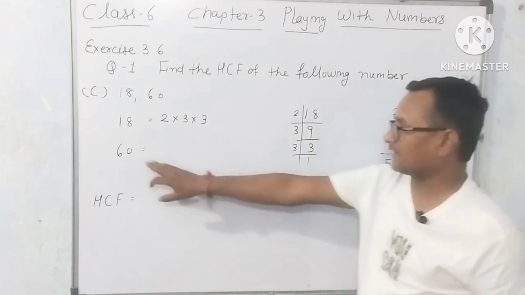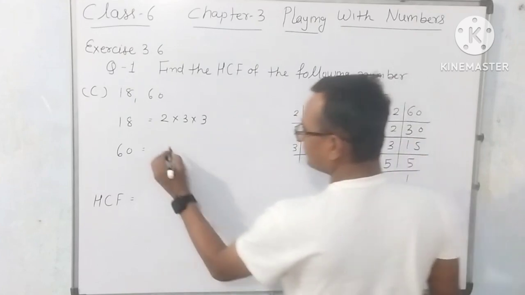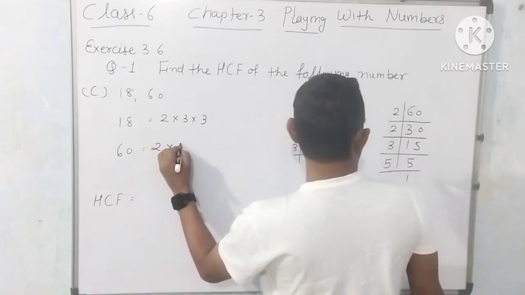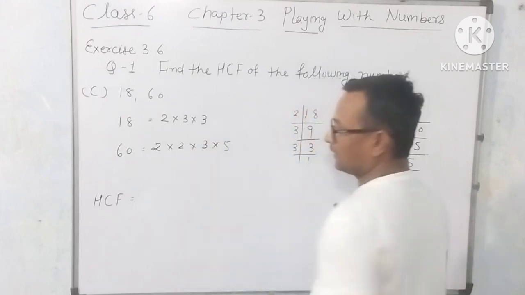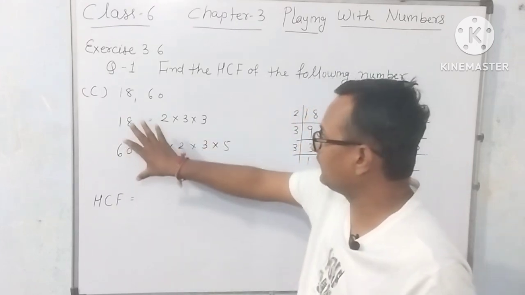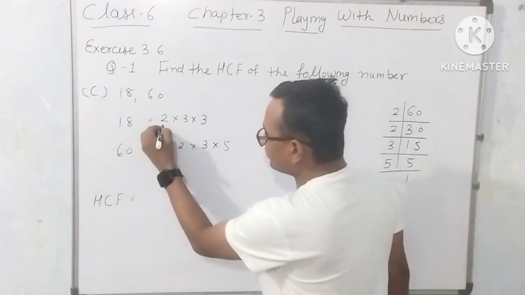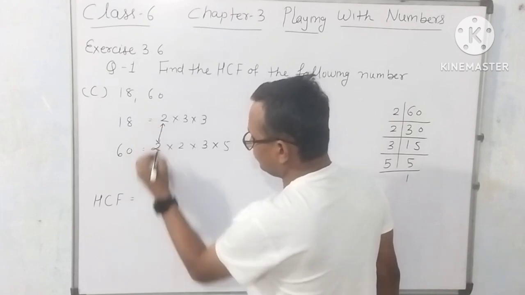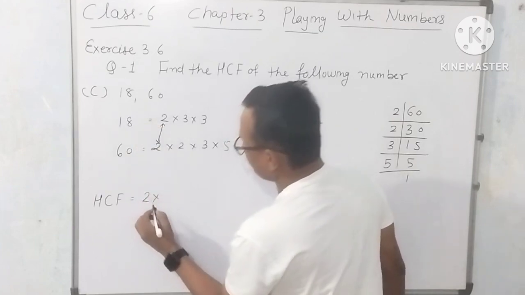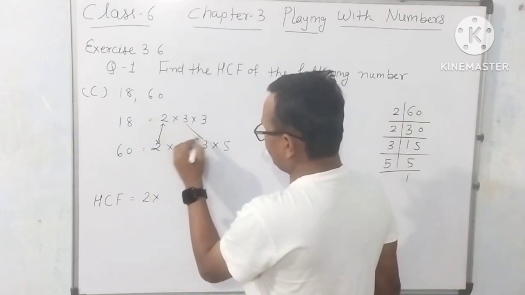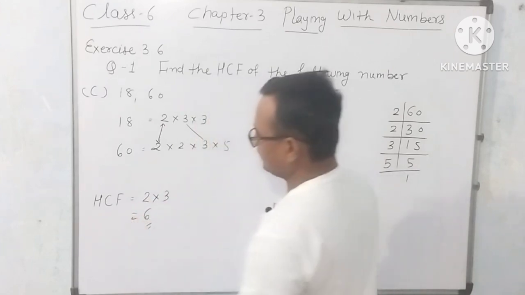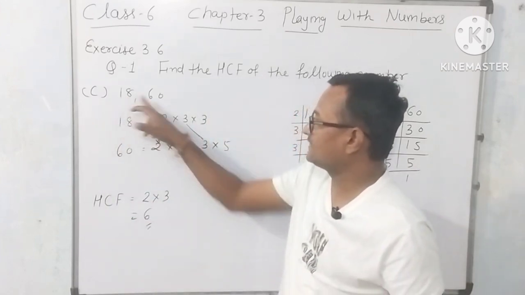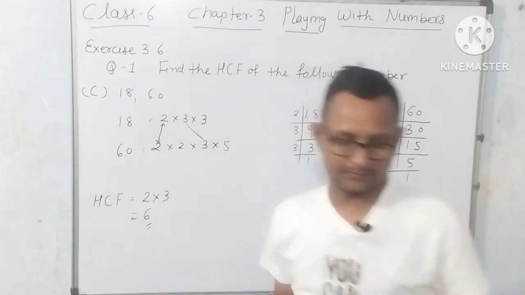So the prime factorization of 60 is 2 into 2 into 3 into 5. Again we find the pair between 18 and 60. So you write 2 into 3. So the answer is 6. So the HCF of 18 and 60 is 6.